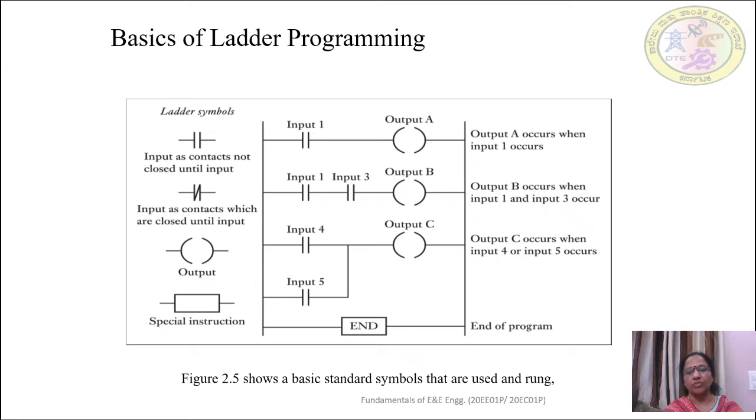The end of the program is represented by the end instruction in a rectangle connected to the two vertical lines. The ladder program is drawn such that the input and output are connected between the two vertical lines. These are some basic symbols used for ladder programming.